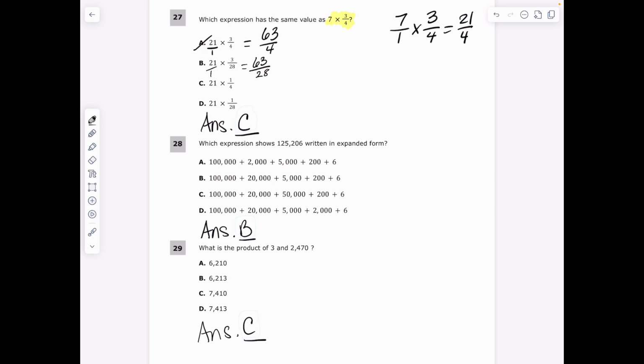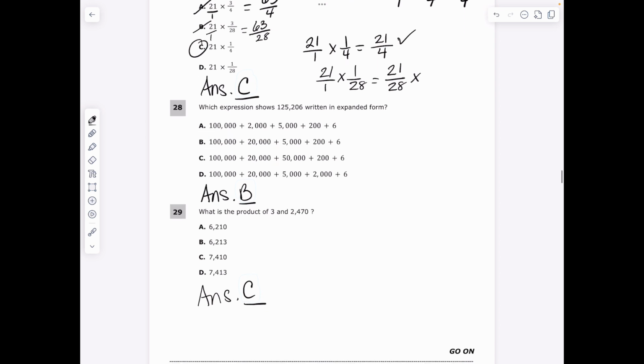Nope, not the same. And this is where I wish I had made my 4 squares, because look at how my work gets really small. So 21 over 4, whoops, not over 4, over 1 times 1/4. So I need to slow myself down because I made a silly error. 21 times 1 is 21, and 1 times 4 is 4. And these two match. And the last one would have been 21 over 1 times 1 over 28, and that would have been 21 over 28, which does not match.